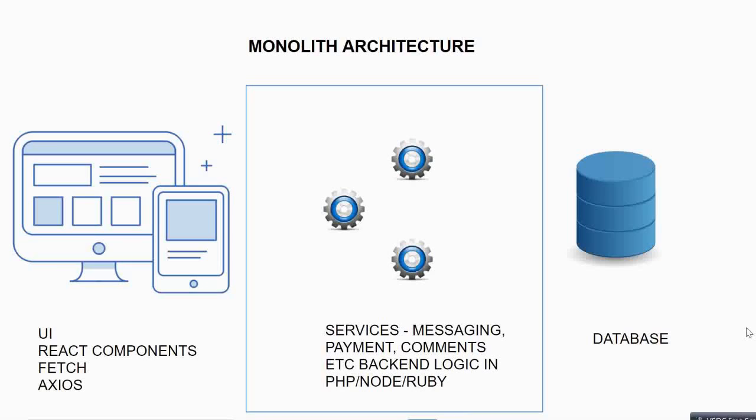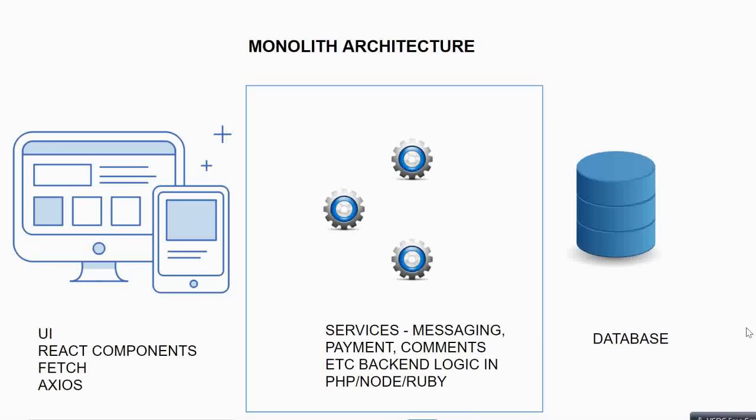So what's the disadvantage of this is, every time while releasing a new version, let's say something gets updated in the payment, or some logic gets updated in the backend, in the messaging part, still an entire version has to be created and then it has to be released or deployed.